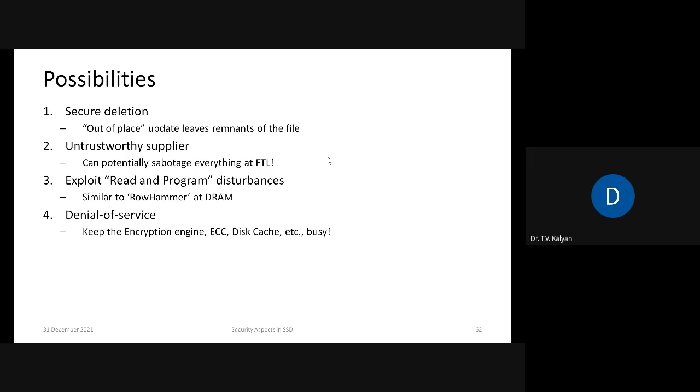Now, if there is an adversary program that is trying to engage these for its own use, the victim program will not be able to access the SSD immediately. It would be in the queue for a very, very long time. So it's not the total denial of service, but more like delay in the service. It would affect the performance.